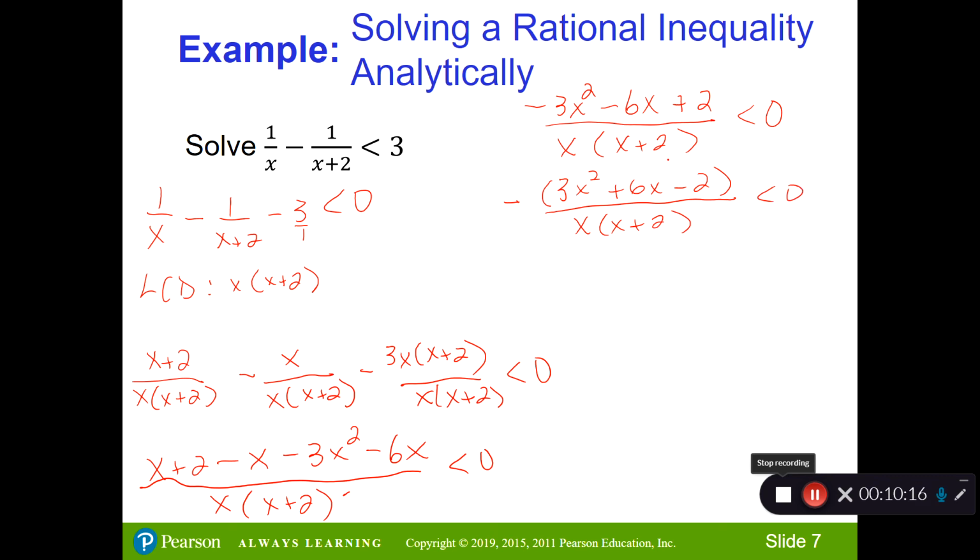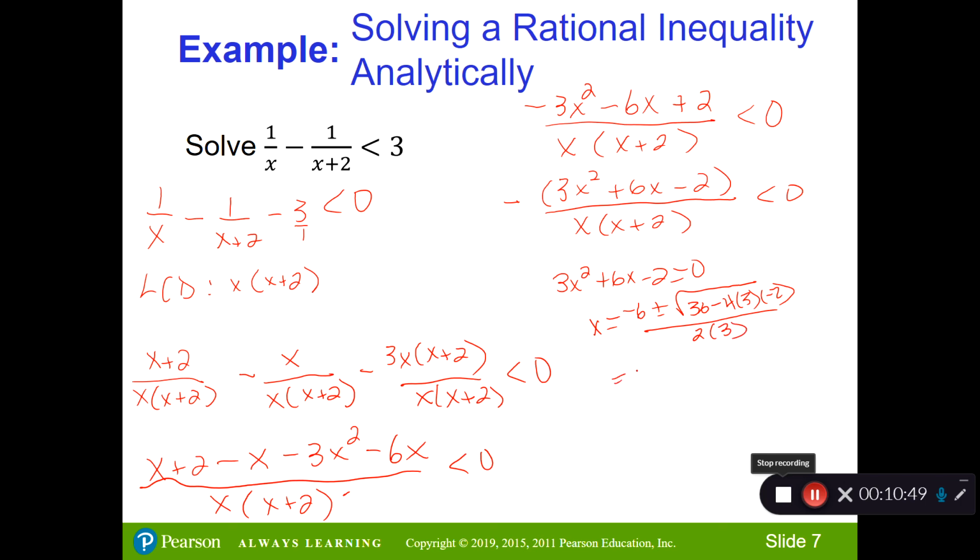And if I look at this, I can't easily factor 3 and 2 to make a 6 in the middle when I'm subtracting. So we're going to go ahead and use the quadratic formula to solve 3x squared plus 6x minus 2 equals 0. So x would be negative b plus or minus the square root of b squared minus 4ac over twice a.